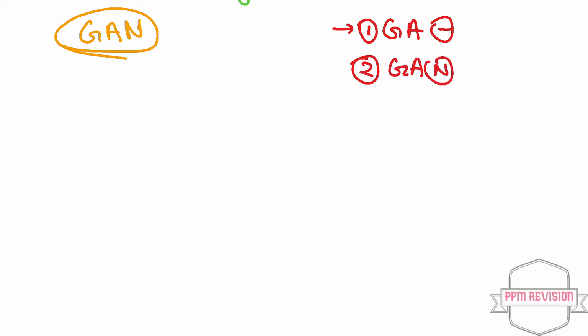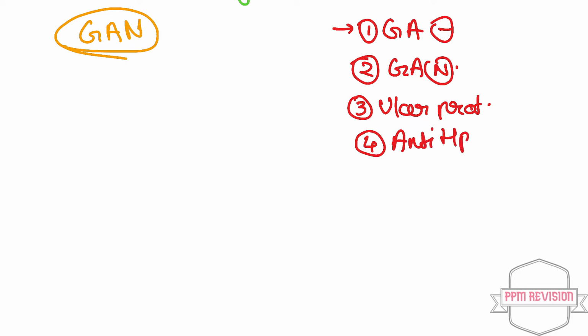Okay, that is another step. Third, you can also use ulcer protectives in case it progresses. Then we also have anti-H. pylori. So now we are done with the gastric acid inhibitors.